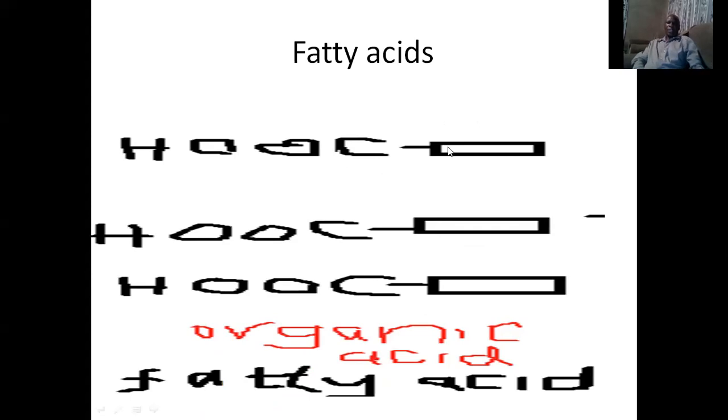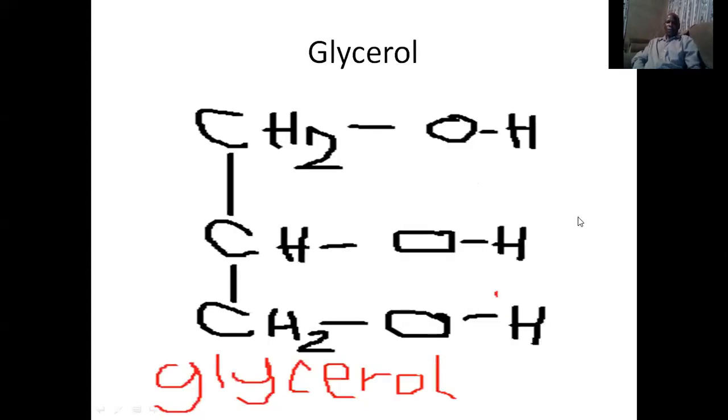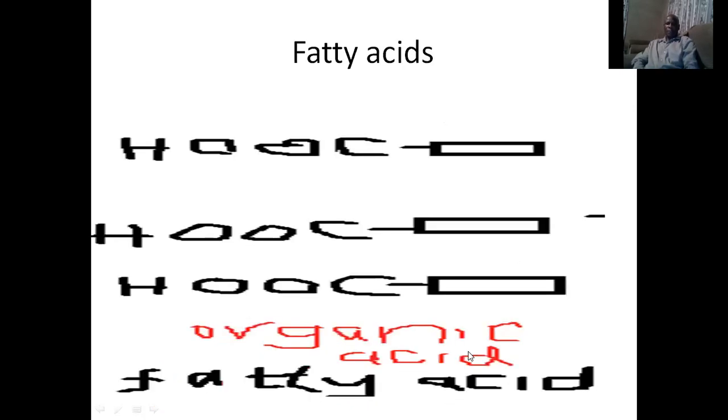Basically, they are hidden in this rectangle, and the intermediate molecules are hidden here. And we notice that here we have three molecules of an acid because of the manner in which the glycerol is formed. That acid will link to this one, the other one to this one, and the other one to the other one here. So this is the organic acid or the fatty acid, the intermediate molecule here, and then inside we have the carboxyl group.